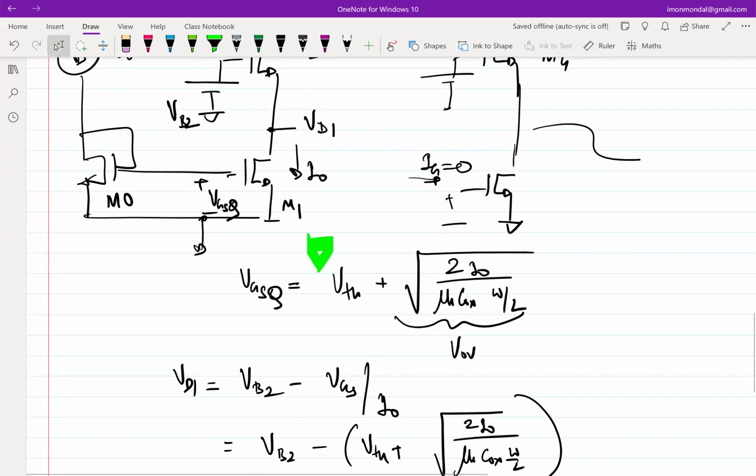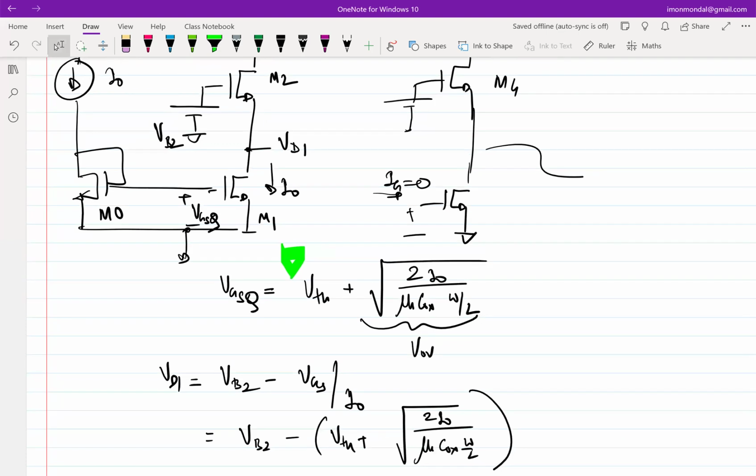We have to ensure M1 is in saturation. We have to ensure that this voltage is greater than VGS minus the threshold voltage.